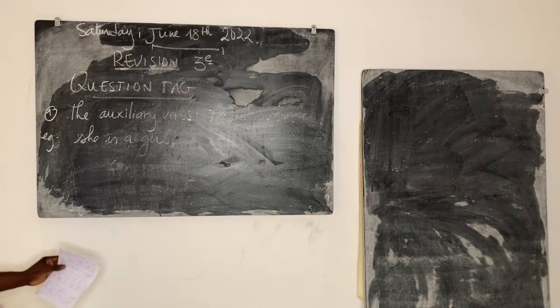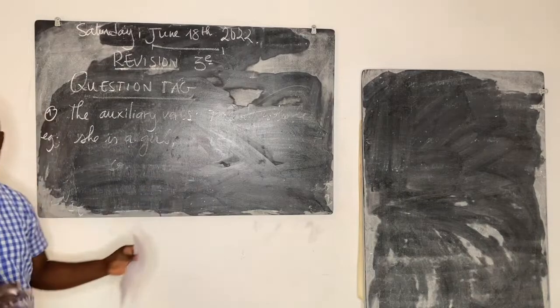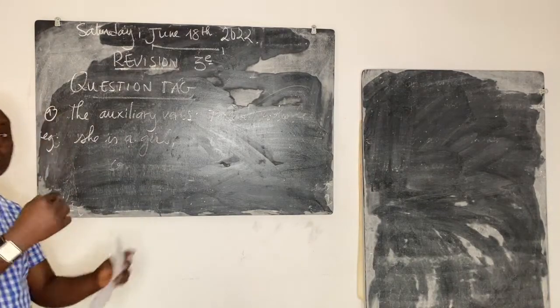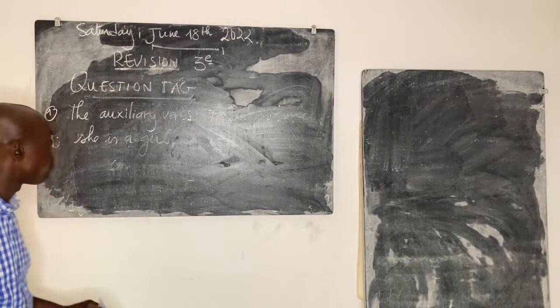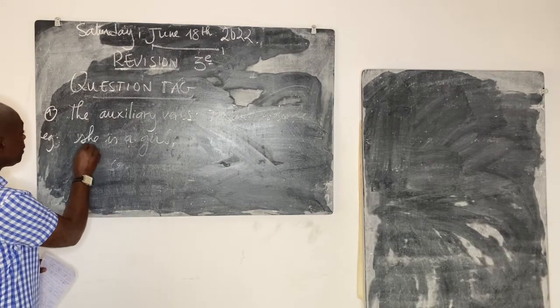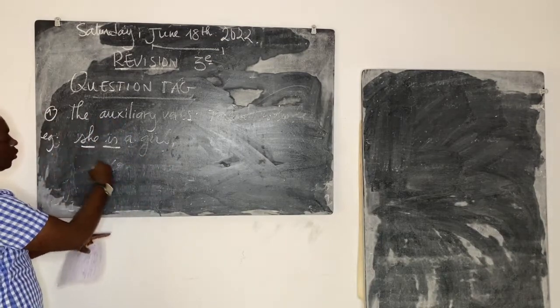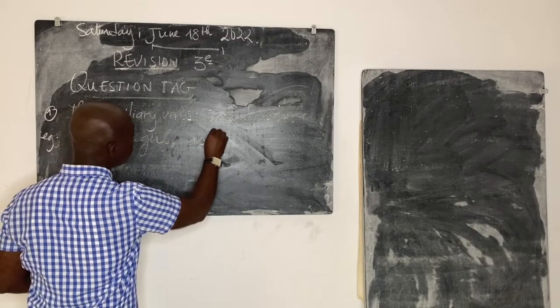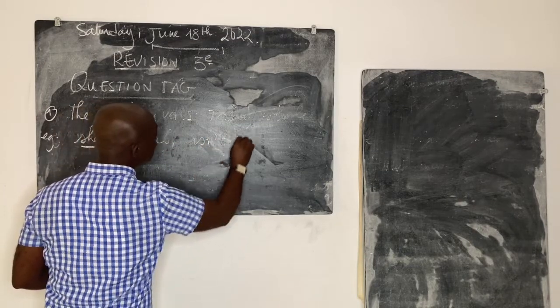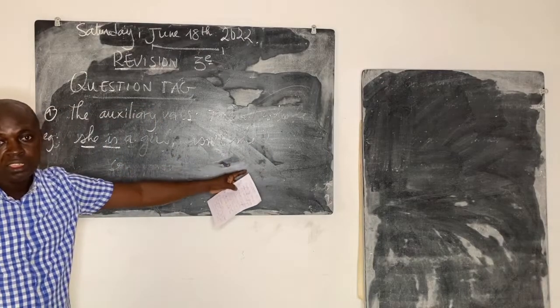As we said a few minutes ago, when the sentence is in affirmative form, the tag becomes interrogative form. Here we use the contracted form, with the auxiliary and the subject. It's going to be isn't she? She is a girl, isn't she?